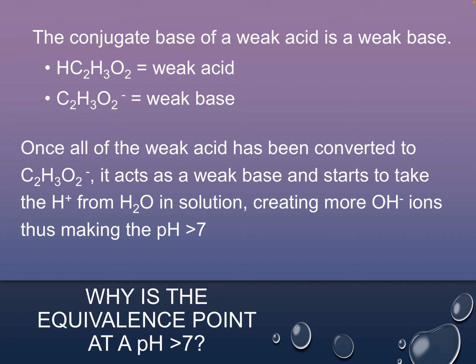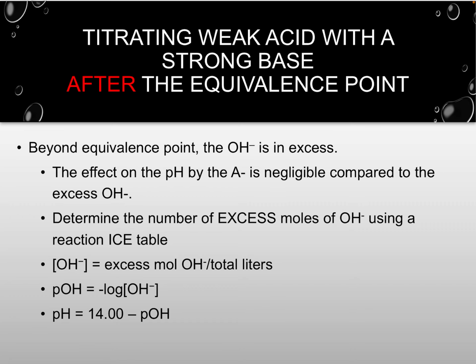It's very different from our strong acid, strong base solutions where those salts didn't have acidic or basic properties. These do, so you need to figure out, is the salt that I'm left with going to act as an acid or a base? In this case, since we have weak acid, we will be producing conjugate base, which, when that conjugate base reacts with water, will produce hydroxide ions in solution, and that pH will be greater than 7.